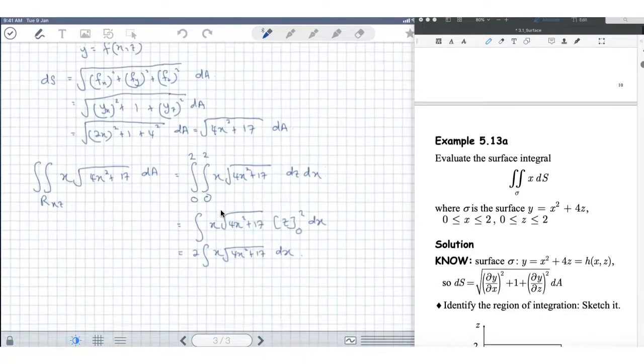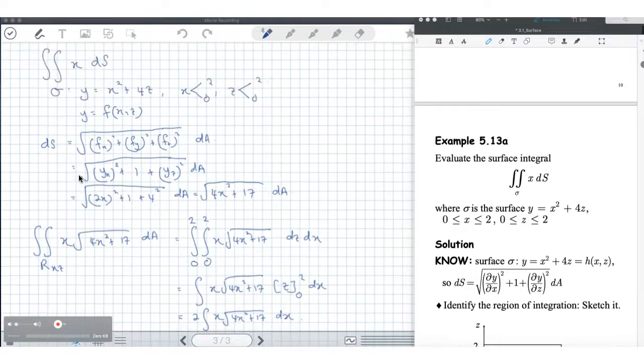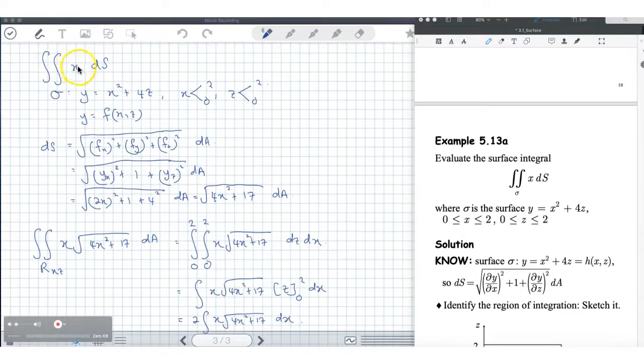Before we proceed to calculate, look at the integrand. Your integrand is x. Since you decided to have this particular function where y is a function of x, the possible variables that can appear in the integrand are only x and z, no y.